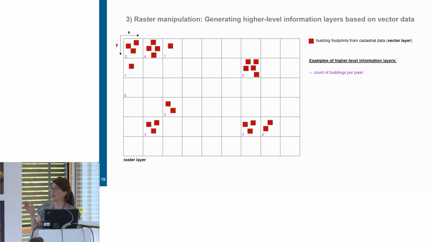You would have a number if there was a building inside, or you would have 0 if there was no building inside, and that would be your new raster layer. You could also calculate the building density. And you could also calculate, for instance, the distance to the nearest built-up pixel, which is sometimes interesting, for example, to identify if there's something close by to your species.